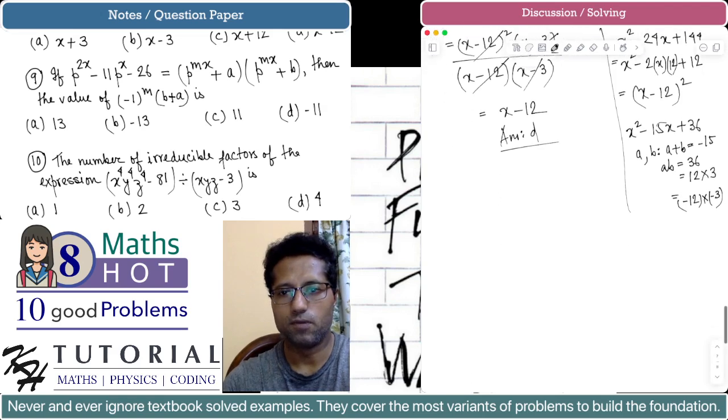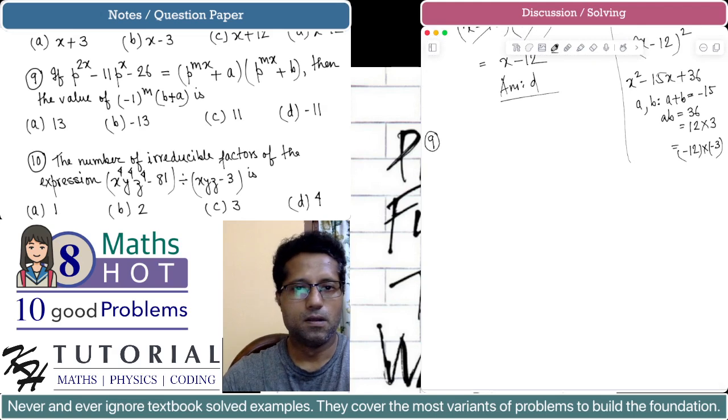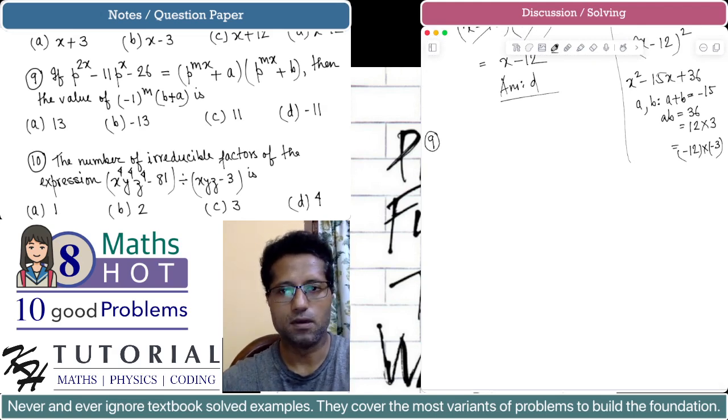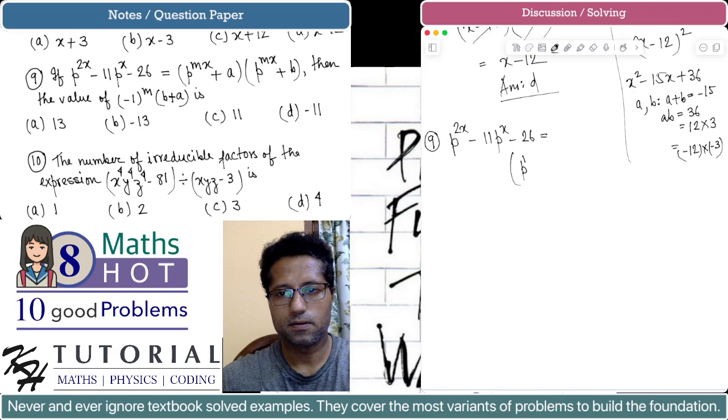Okay, let's do problem number 9. Again an equation is given. The equation is p to the power twice x minus 11 p to the power x minus 26 is equal to, given as p to the power mx plus a multiplied by p to the power mx plus b.